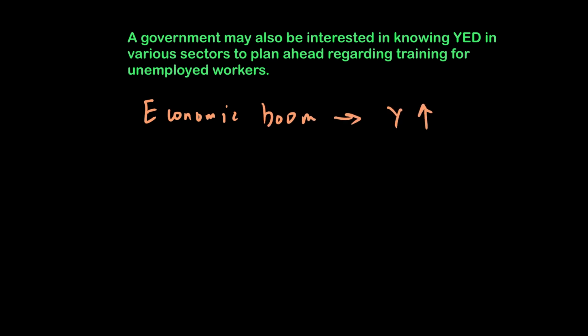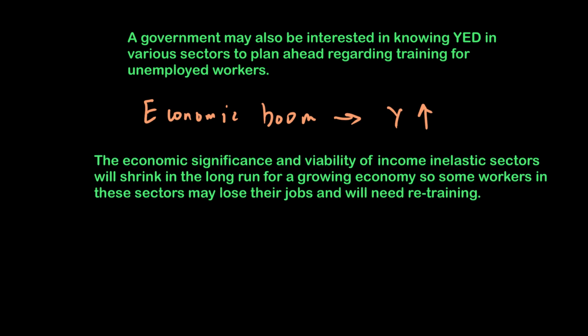Now this would mean that the economic significance and viability of the income inelastic sectors will shrink in the long run for this kind of a growing economy, and so some trainers or some workers in these sectors may lose their jobs and will require retraining.